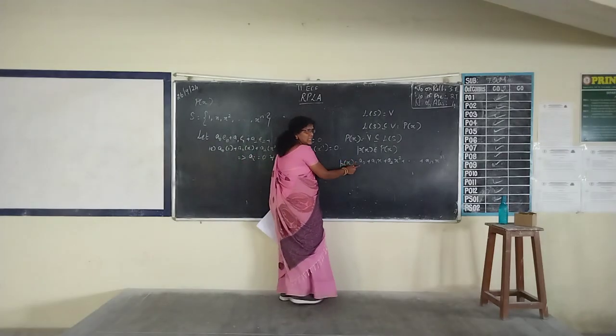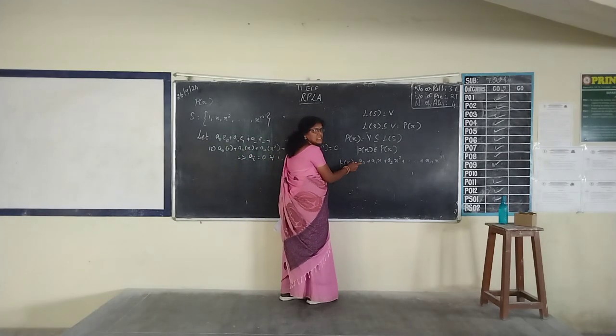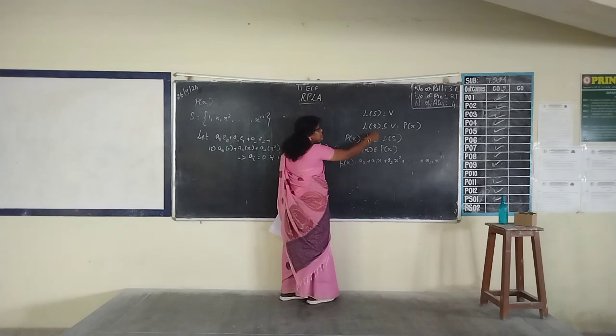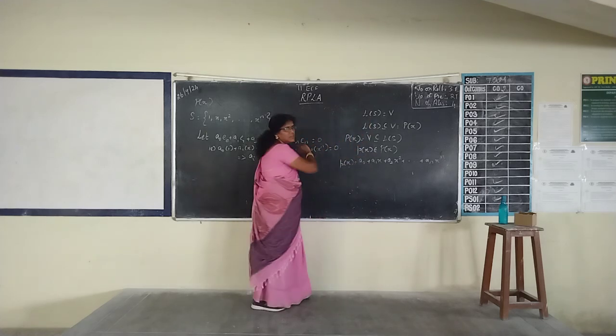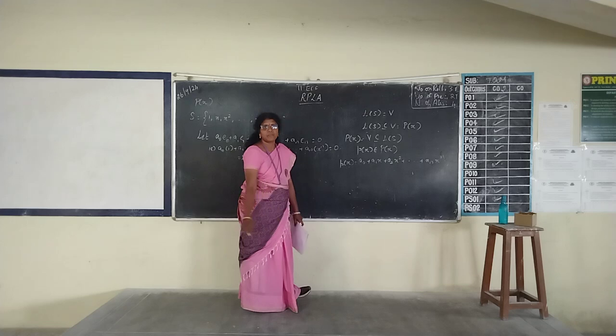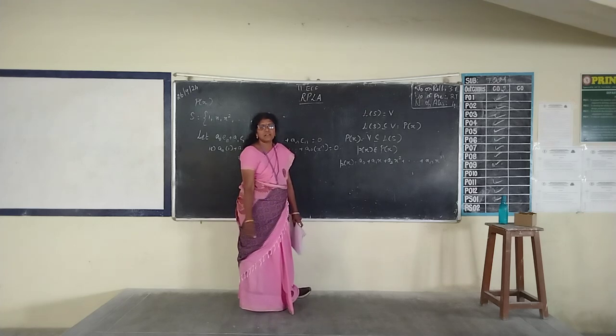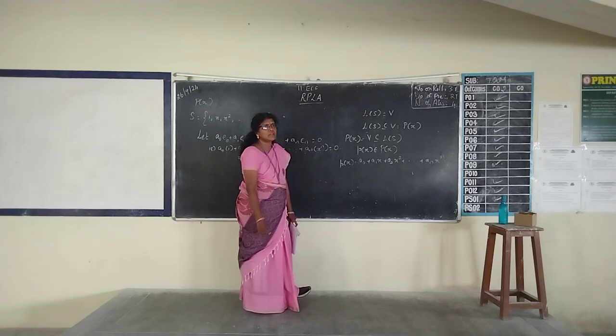You take this as the element. Now you have to show that this can be written in the form of elements which are there in our set. Can you rewrite or not? Obviously. What are the elements in S? 1.